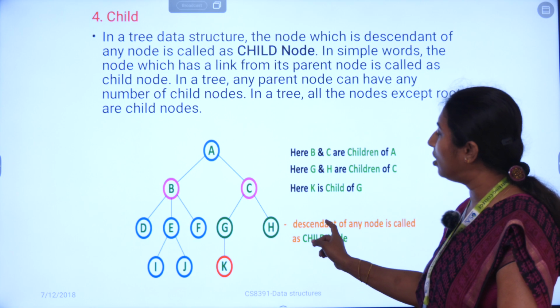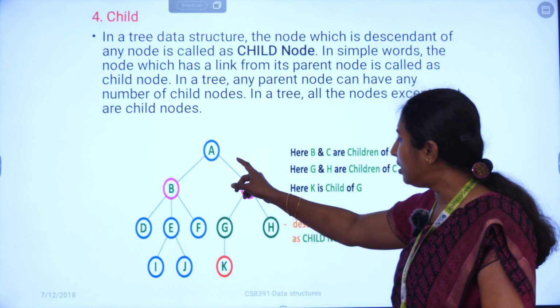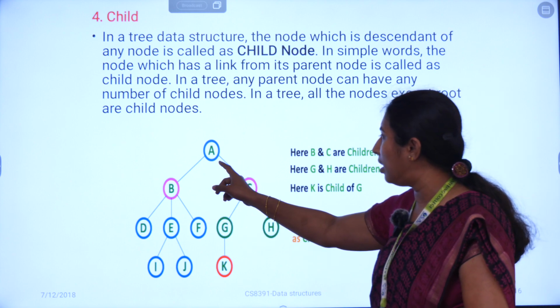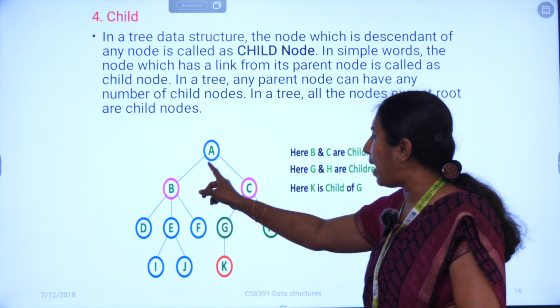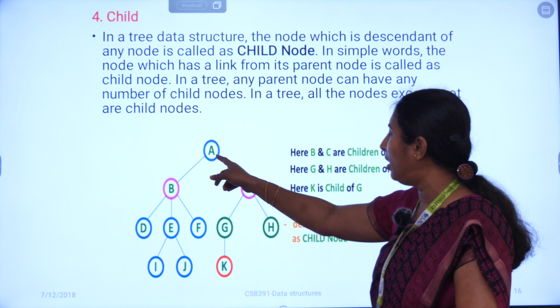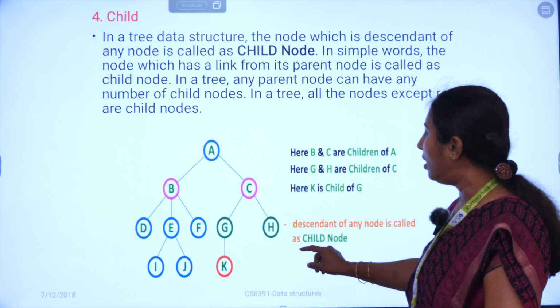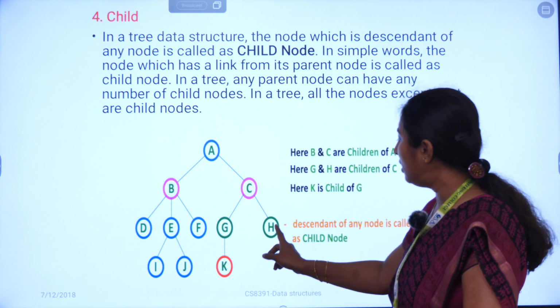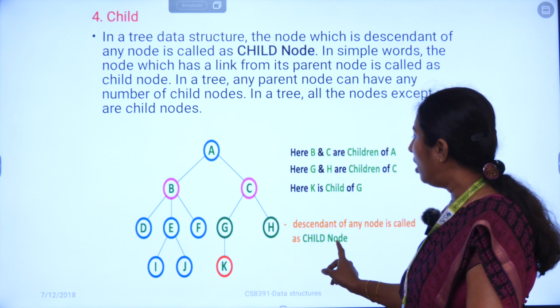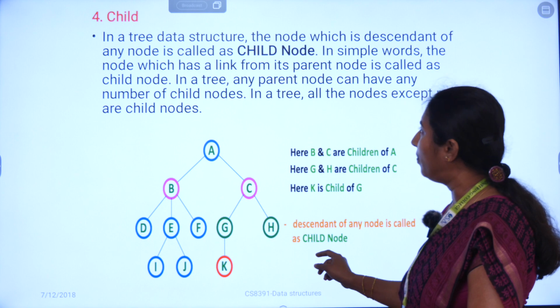So next is your child. As we were discussing in the last slide, here A is the parent, whereas B and C are the children of parent A, and G and H are the children of parent C.